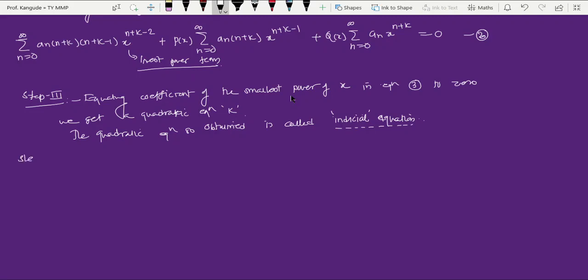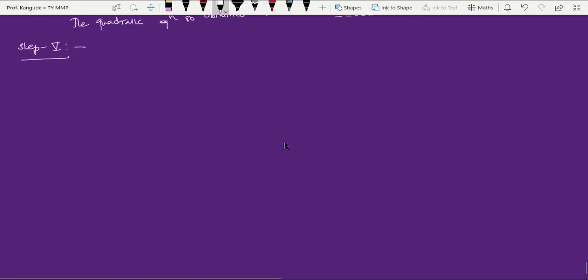Then step 5. Okay, once we got this indicial equation, then we have to go further. After solving indicial equation, the following cases arise. Now what are these cases? Case 1.